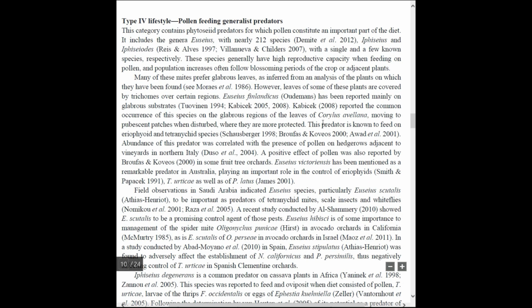Type 4. Pollen-feeding generalist predators. These are probably the most broad spectrum that you can find for predatory mites. They feed on pollen very well. It says here, this category contains phytoseiid predators for which pollen constitutes an important part of their diet.